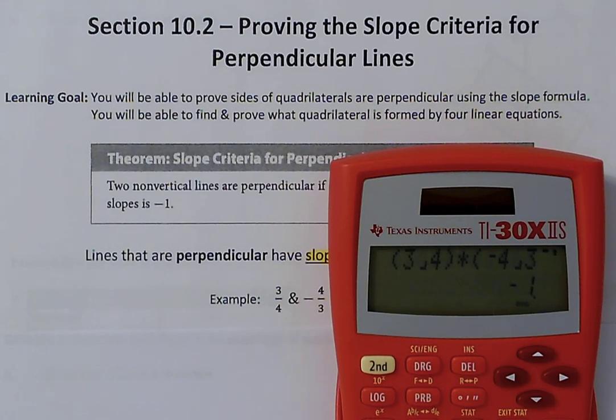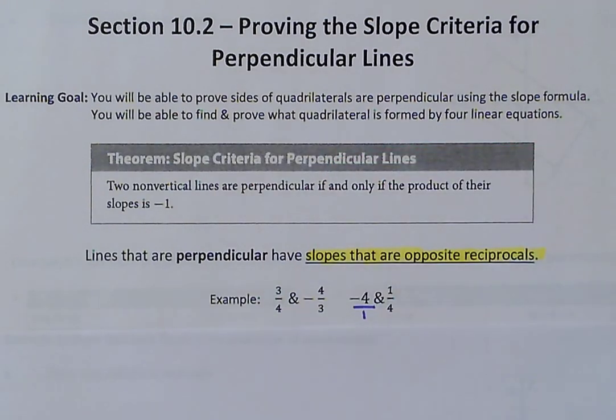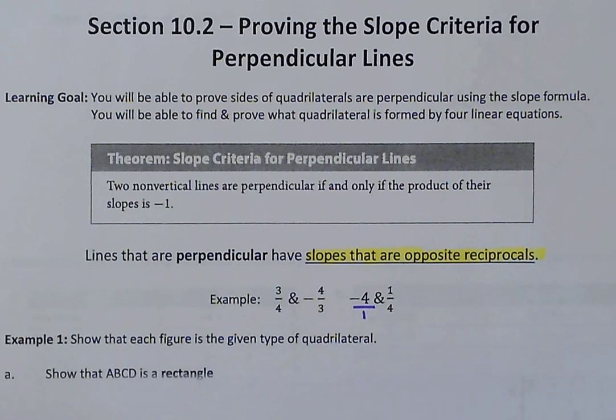So the idea is that two lines are perpendicular when the product of their slopes is -1. So just to be aware and something to look out for. So with that said, let's go ahead and take a look at our first example for today.